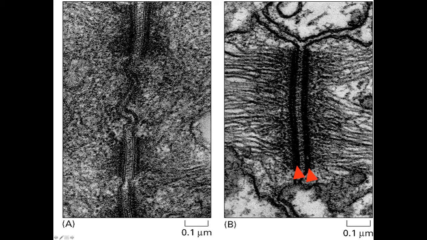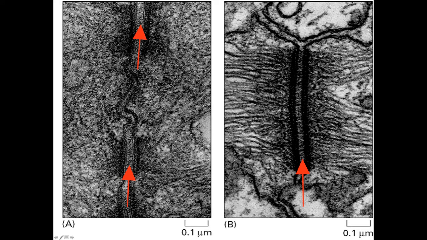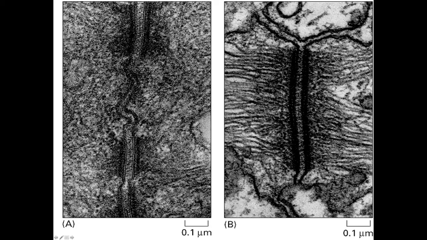This dense plaque at high power on the electron micrograph almost looks identical to the cartoon. Here is a plaque between the cells. These would be these desmogleins, desmocollins binding onto the cells. But the membranes don't fuse, because here's the membranes from one cell to another. The membranes don't fuse. And here, showing the plaque binding onto intermediate filament keratin proteins.